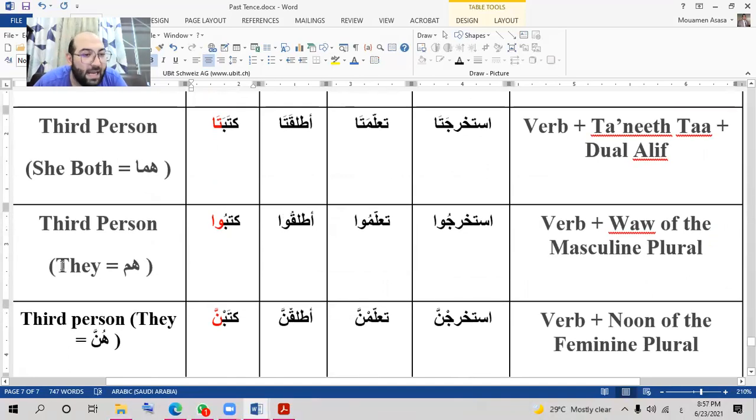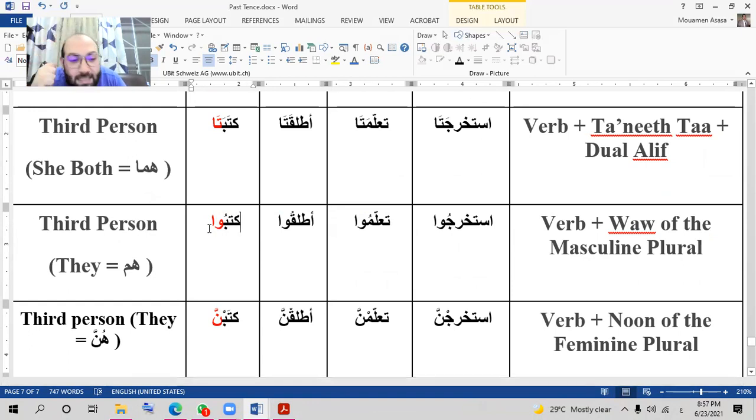If they are a group of people, or a mix of male and female, or only male, katabu, and we add alif. In Quran, anytime you see waw afterward there is alif, this is the verb in past in terms of they did it. They are the ones who do it.